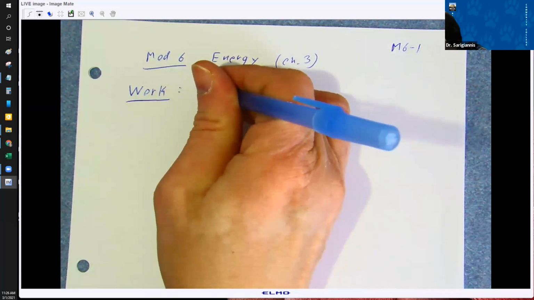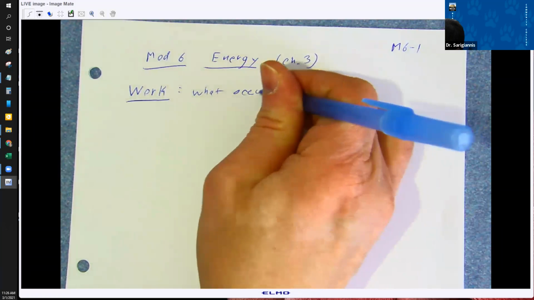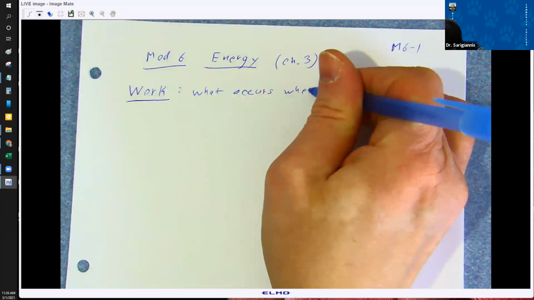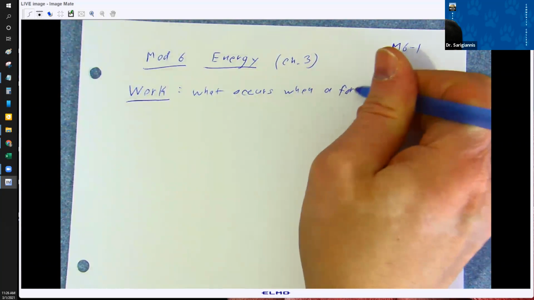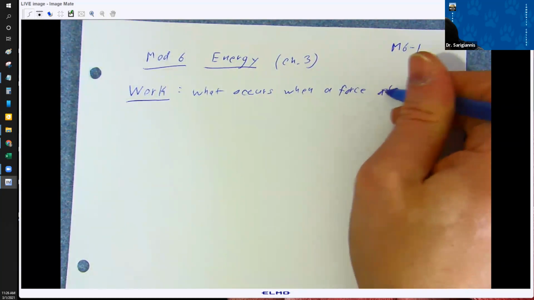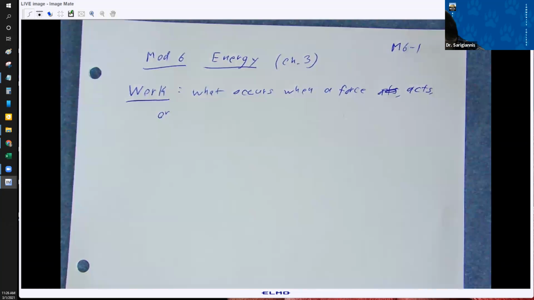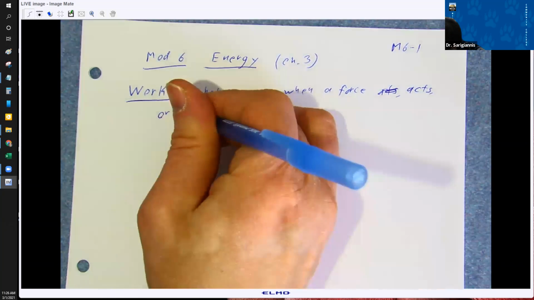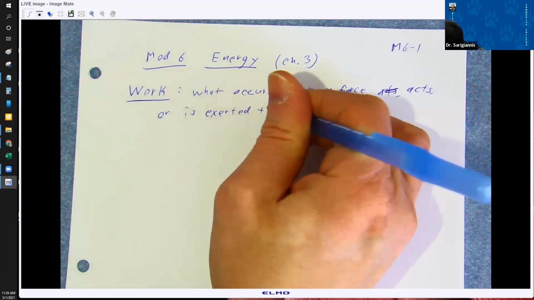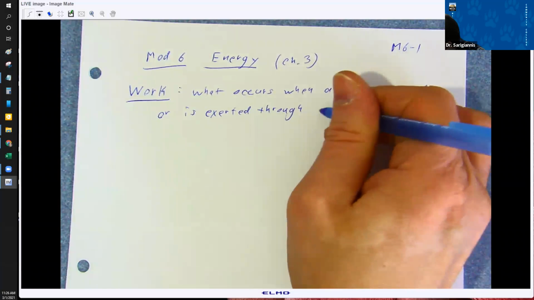Well, work occurs, or this is what occurs, when a force acts, or is exerted through a distance.